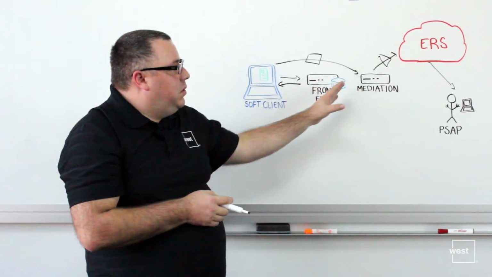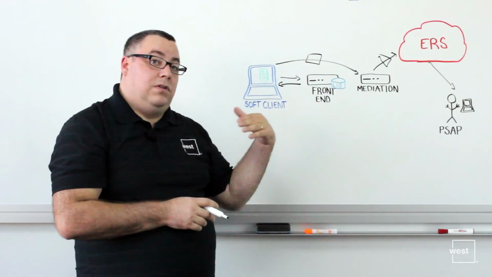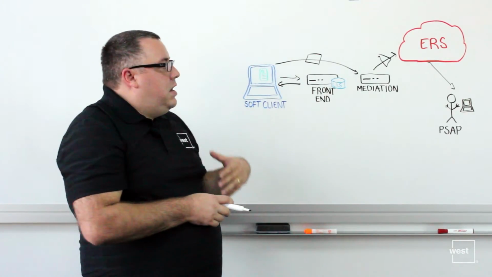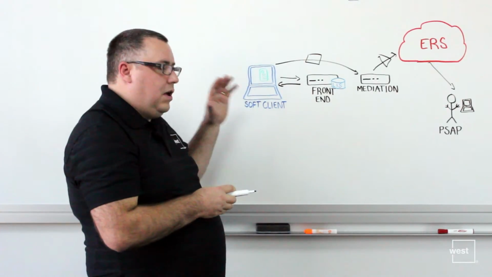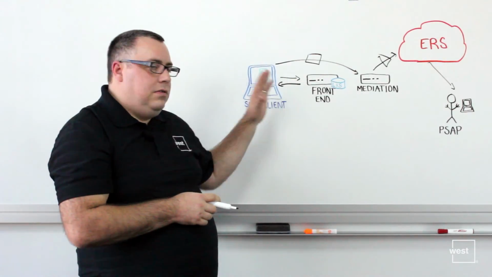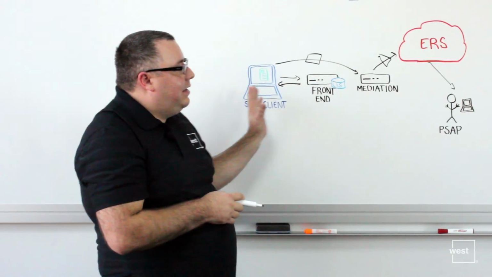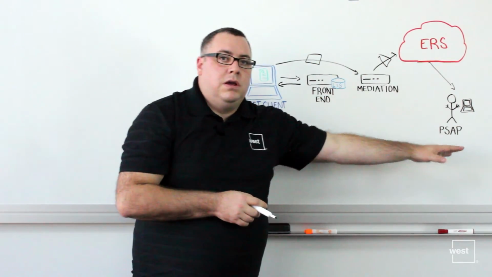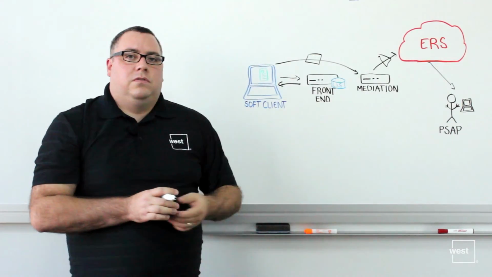As part of this information, the ERS also has security notification options to be able to conference in your corporate security, as well as a couple of other methods to let them know that a 911 call is happening internally. But essentially, the solution works with the location services component and the LIS database to pass that information all the way down to the PSAP, very similar to next-gen 911. So in a nutshell, that's how our solution works.